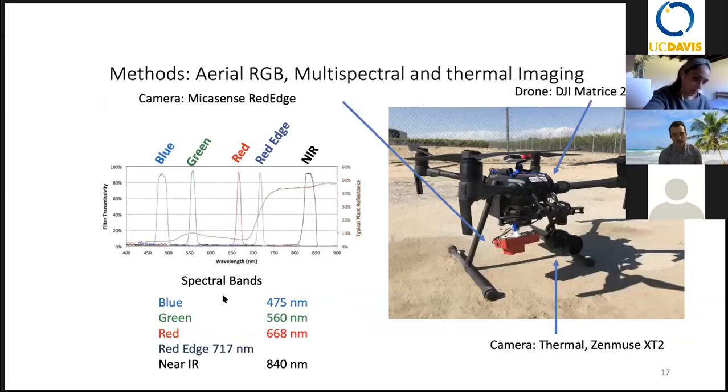One of the sensors that we use is on a drone that can carry two sensors, one multispectral and one thermal camera. This multispectral camera can measure in blue, green, red. That's what we can see. It also measures red edge and near infrared. That's the invisible band that we don't see. And these are two important bands for assessing plant health.